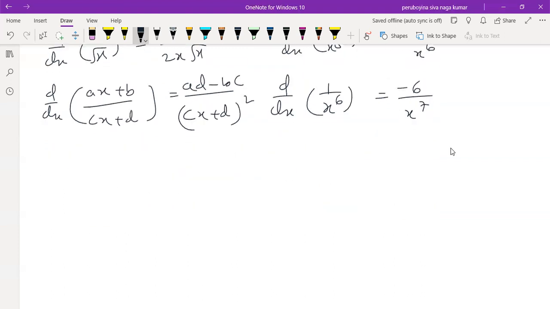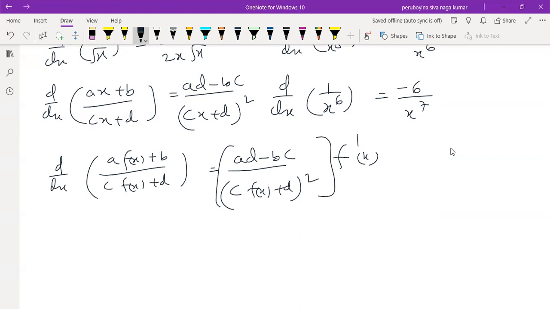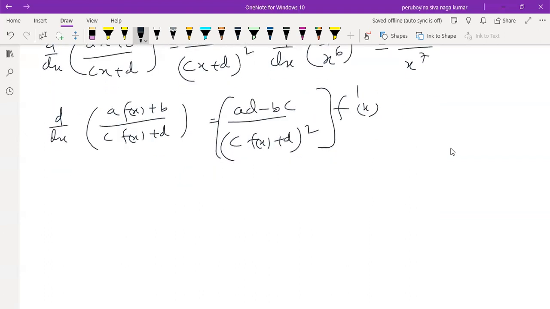And d by dx of (a into f of x plus b) by (c into f of x plus d) is equal to (ad minus bc) by (c into f of x plus d) whole square, into f dash x. This is all multiplication with f dash x.